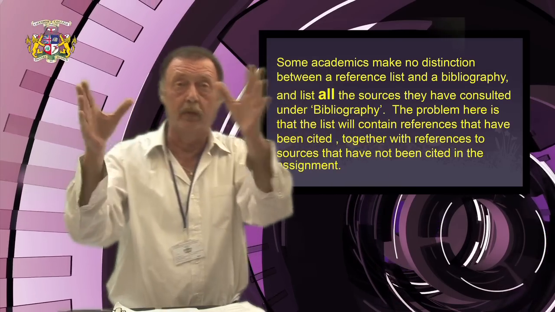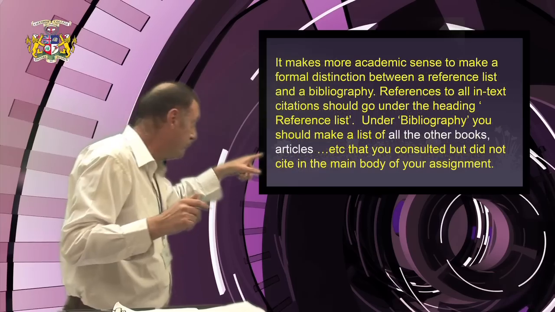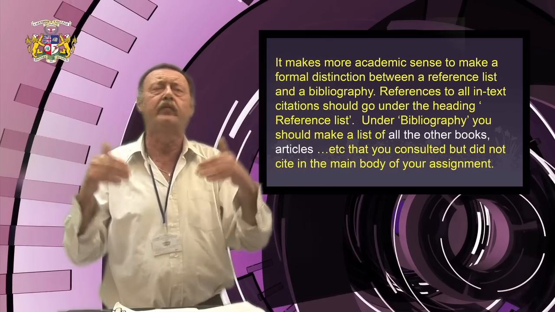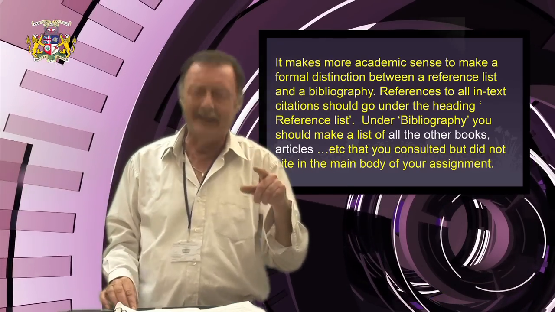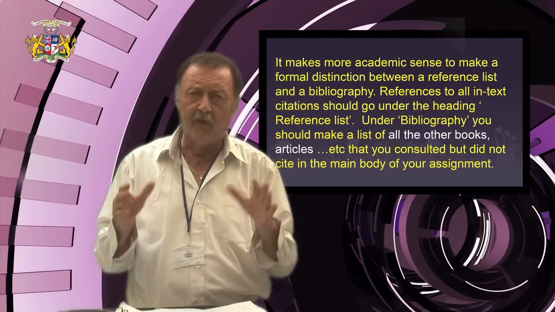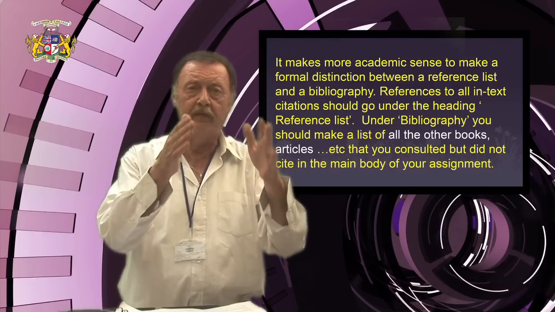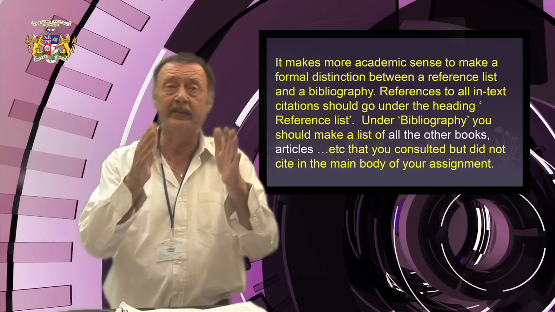Now, some tutors say that's not a problem. We want that in a full bibliography. However, most academics go with what I advise you today: it makes more academic sense to make a formal distinction between a reference list and a bibliography in your own academic assignment, and particularly, I think, when it comes to something like a dissertation.